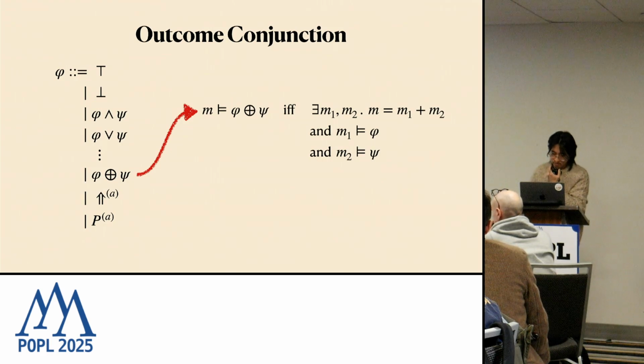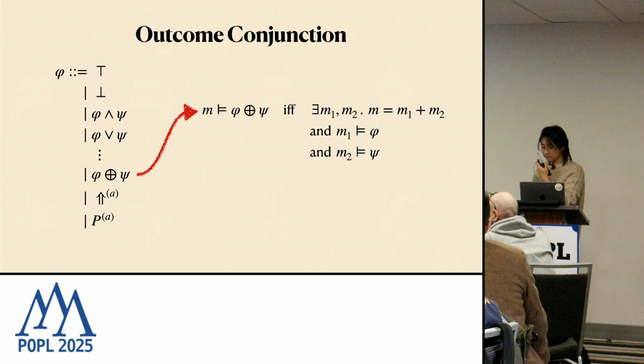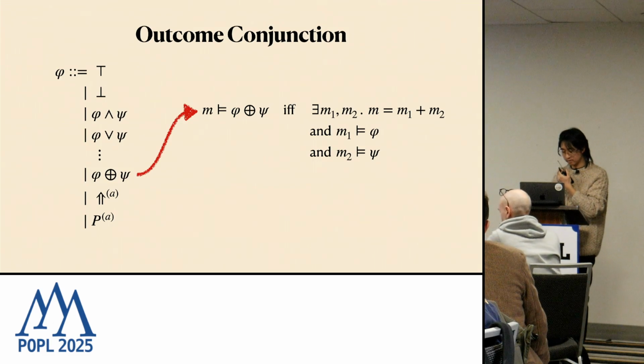And the last introduction we have is outcome conjunction. For a weighting function to satisfy outcome conjunction, it needs to be able to be decomposed into a sum of two other weighting functions, each of which satisfies the wings of the conjunct.